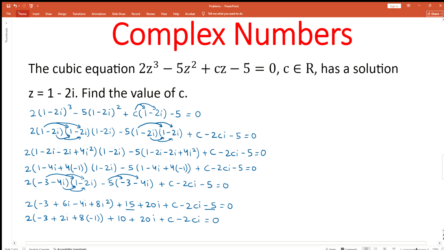Next, we can combine like terms in the parentheses. 8 times negative 1 is negative 8. Negative 3 minus 8 is equal to negative 11. Next, we can distribute 2 into the parentheses.